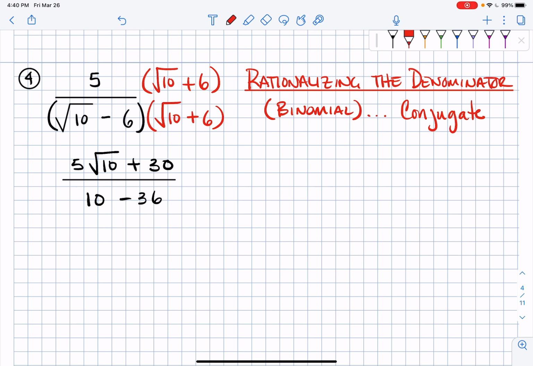All right, so what do I have now? I still have the 5 square root of 10 plus 30, and that's going to be over negative 26, right?